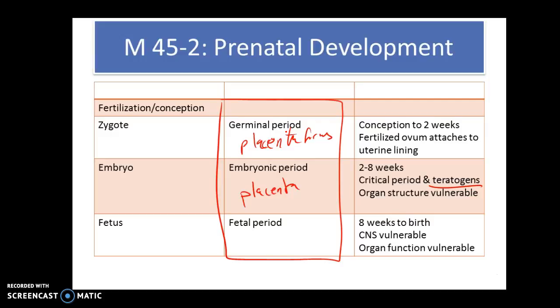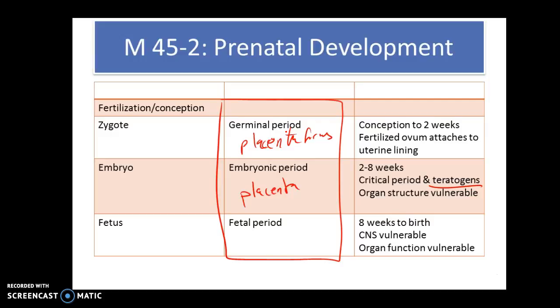Now, the other thing that's interesting, unfortunately, about teratogens is that they are also impactful during the fetal period, but they are more likely to do different types of damage depending upon whether or not they are prevalent during the embryonic period or the fetal period.